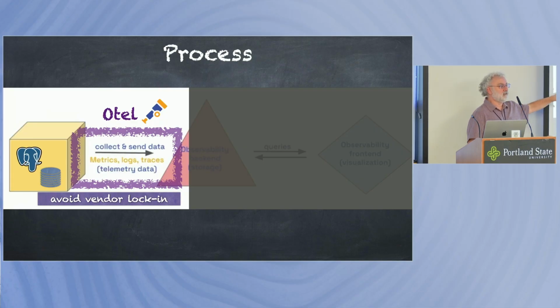You have to have hooks into your, in this case, Postgres server or your app or your service. And so if you have deployed that across a whole bunch of servers and products, you do not want to be having to rip that out when you go from, say, a Datadog kit to a Splunk kit. So that's why the vendors have realized they can turn that work on this side over to OpenTelemetry compatible products.